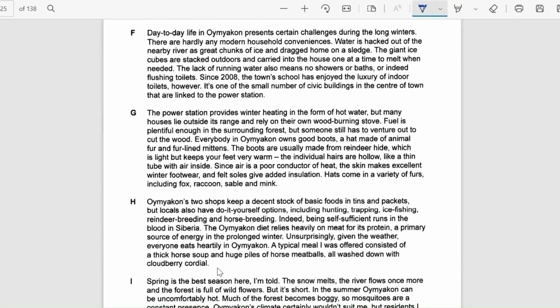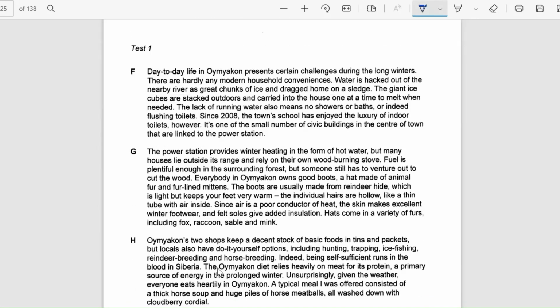So now I've come to the second page here. Then it's talking about the day-to-day life. Then there are certain challenges, especially during winters, which are long. So there are hardly any modern household conveniences. And to get water also, they have to use a sledge. They get giant ice cubes from the nearby river, and they keep it outside the house, and they melt these pieces when it is needed.